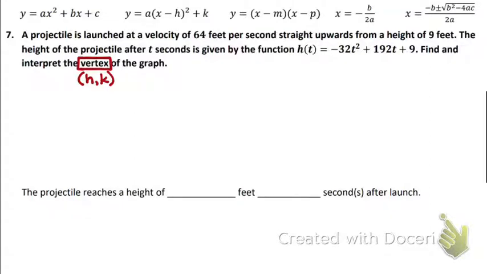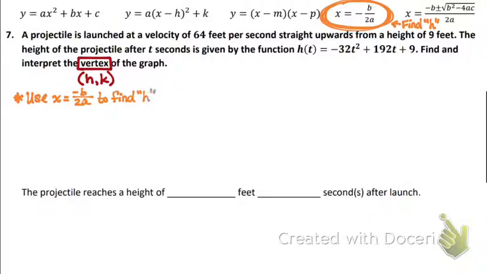If we're going to find h, I'm going to use my axis of symmetry formula. This right here is how we find h. And that's the way I'm going to do this problem. Use x equals negative b over 2a to find h.